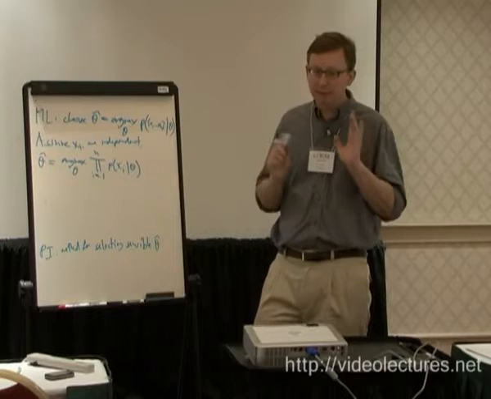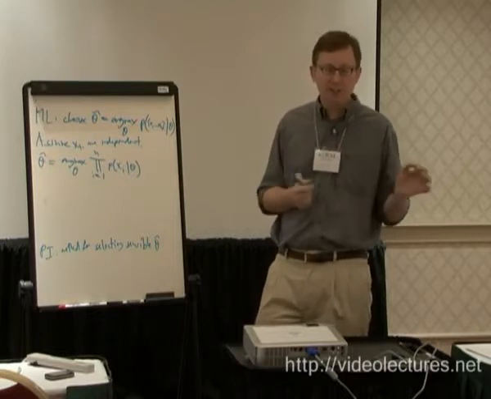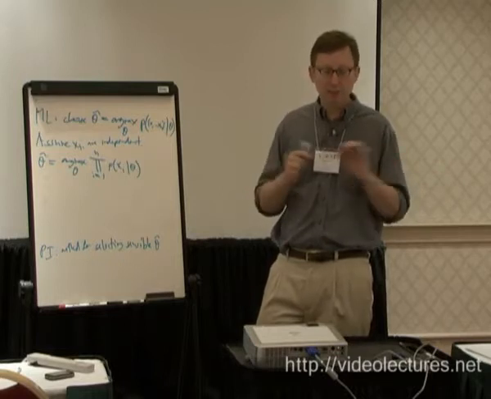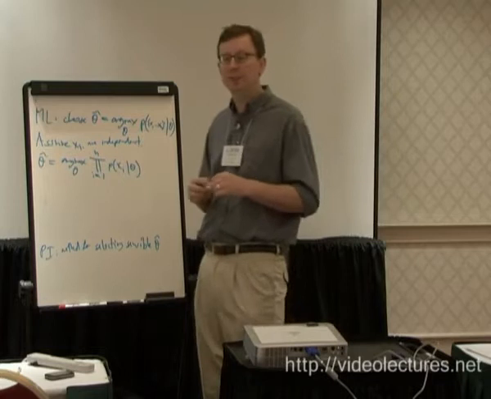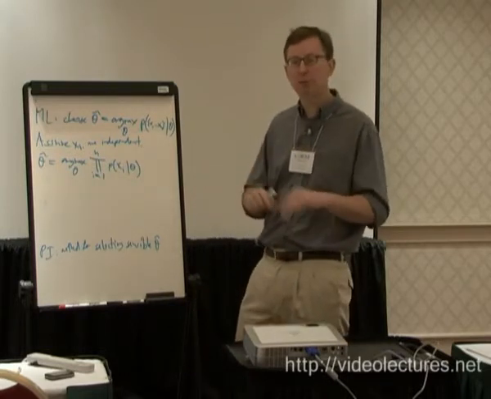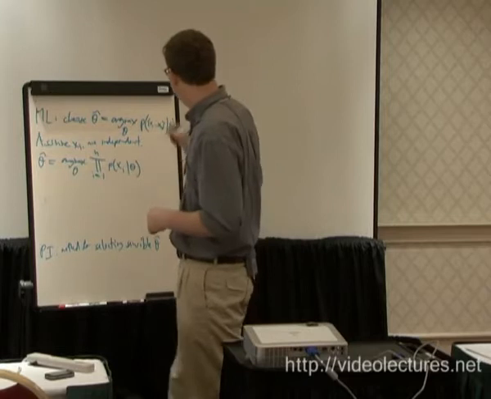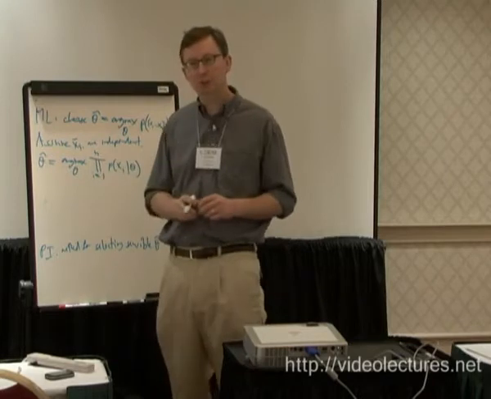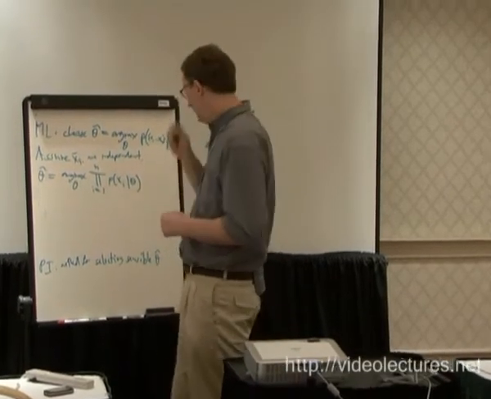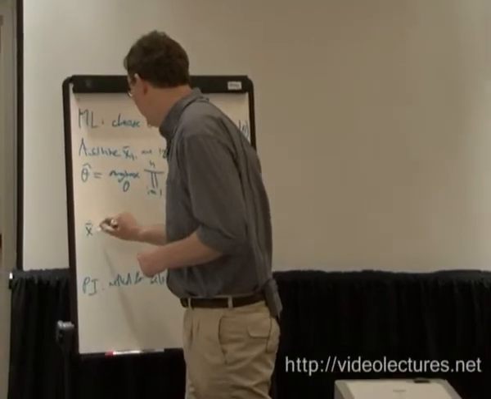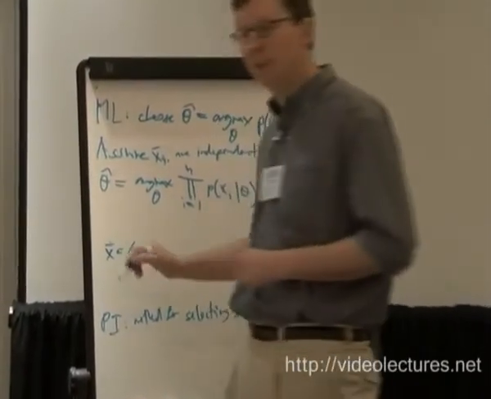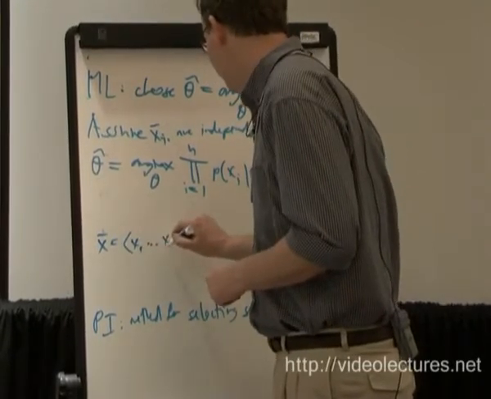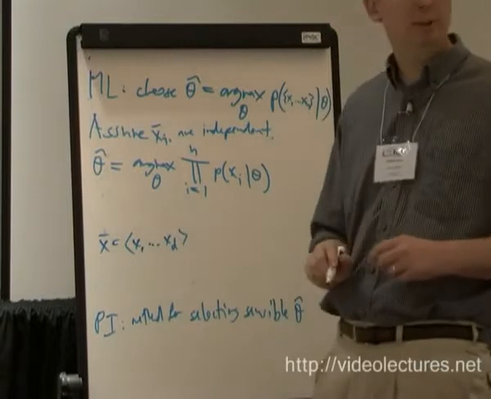Okay, let me clear up a confusion. These xi's are data points. They're not features. So most commonly each xi would be a whole vector of feature values. So my notation, I'm going to use the bar notation to indicate vectors. And so x bar is a vector, I'm using angle brackets for that, of feature values x1 to xd, where d is the dimensionality.